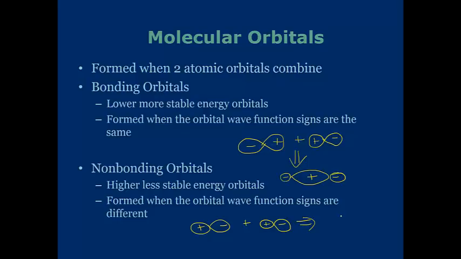So when I say that they would oppose each other, they would actually almost repel each other. So as you can see, there is no interaction between the two. Just because you have orbitals that are free to bond doesn't necessarily mean that they will bond. The wave function and the orientation is all going to take effect.